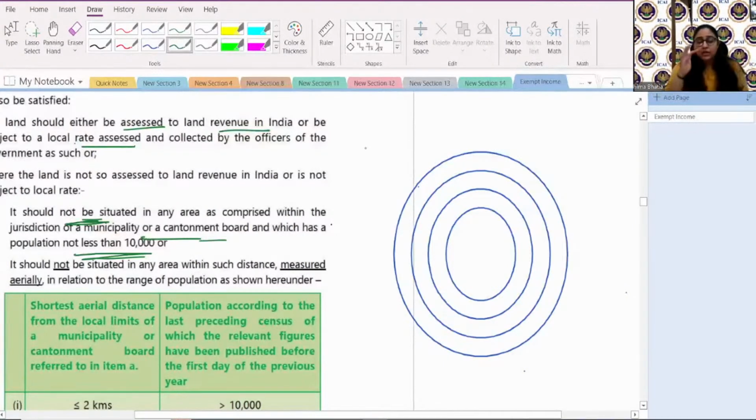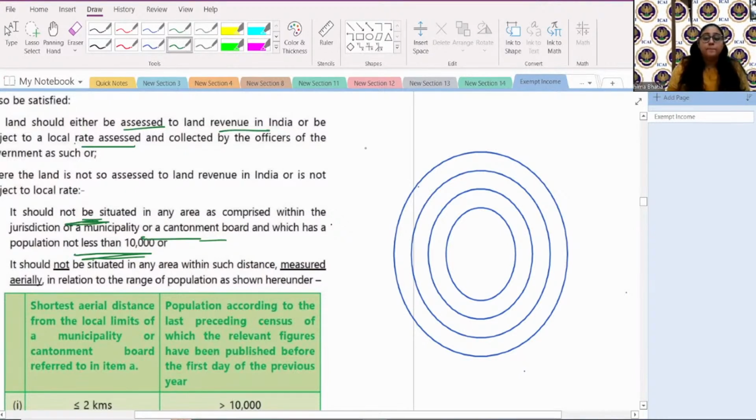I repeat again, if the farm building is on a land situated in a municipal board area which has a population of at least 10,000, the income from that farm building would not qualify as agricultural income, because वो हो सकता है कि वो एक इतने residential area में है where people can be using it for actual residential purpose and not for the purpose which is in relation to the agriculture operations.